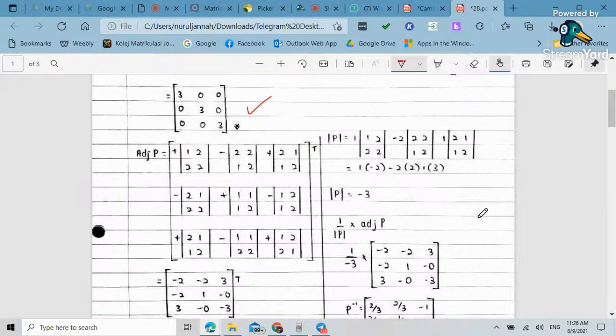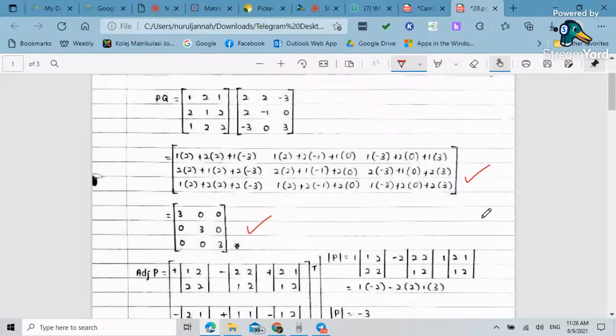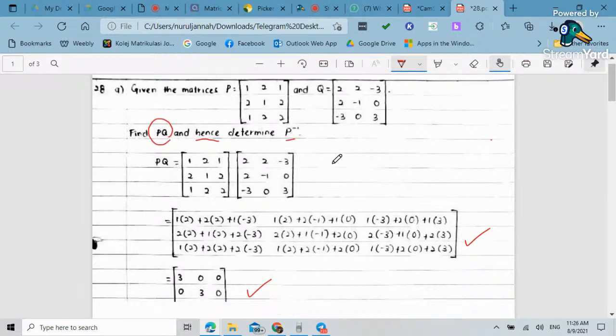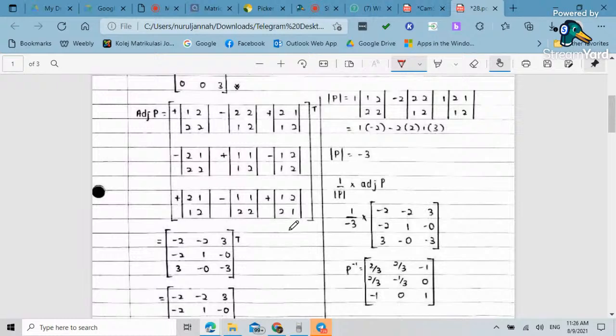Because the question involves hence, which means you need to use what you get from PQ to determine P inverse. Here you are not using the information you have from P multiplied with Q to find the P inverse. Do you understand?